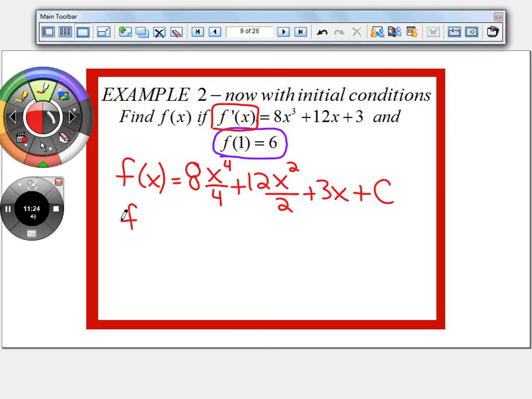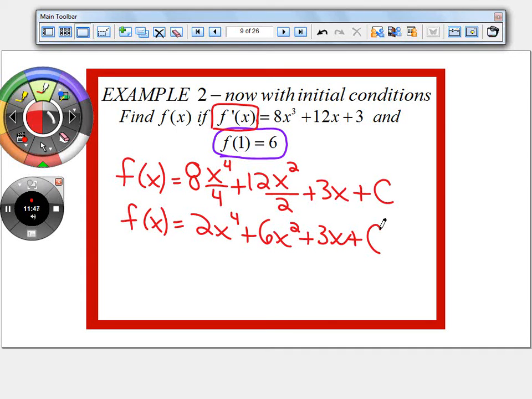So let me do a little cleanup before I plug in the point that they give us. So that would be 2x to the 4th plus 6x squared plus 3x plus c. Now that's the best we could do unless they give you a little bit of initial information, and they do.